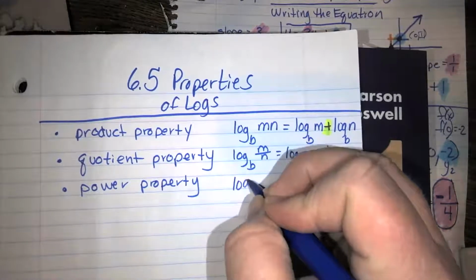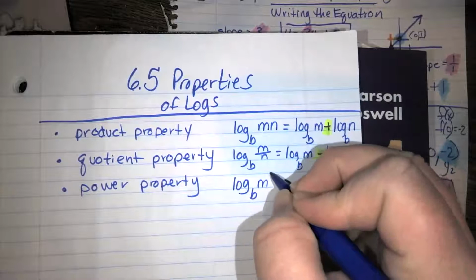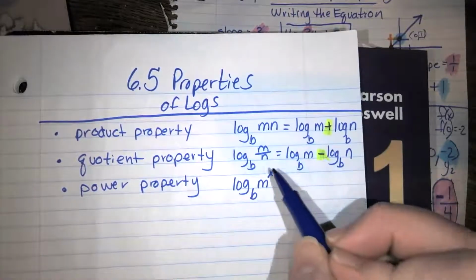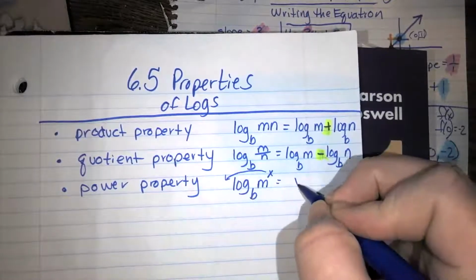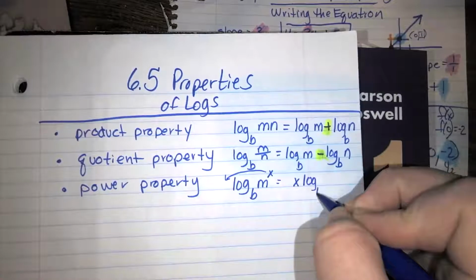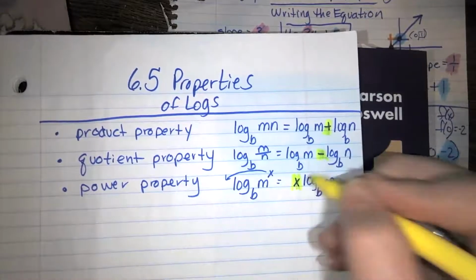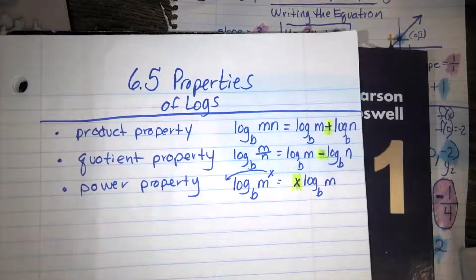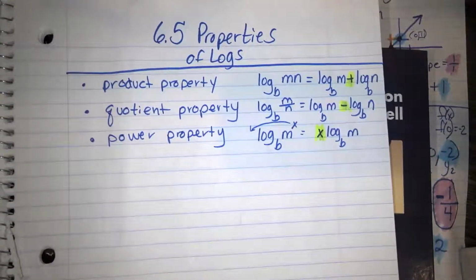If we do log base b of m to the x power, according to the power property, we can take that x and bring it out front. So make it look like this. This is the only part that probably is weird that you're not used to, but it's important because this is our way of breaking these up to hopefully actually solve them, okay?